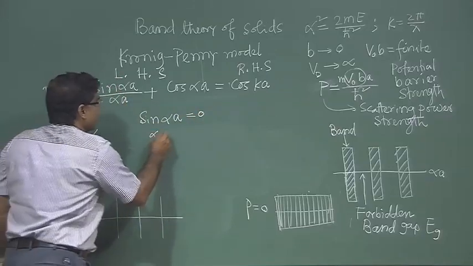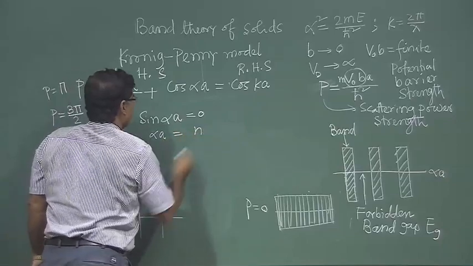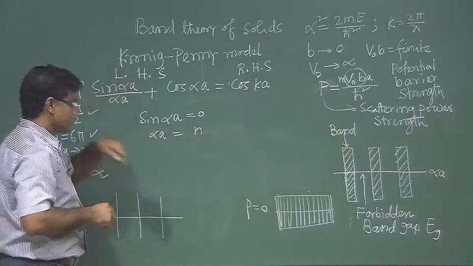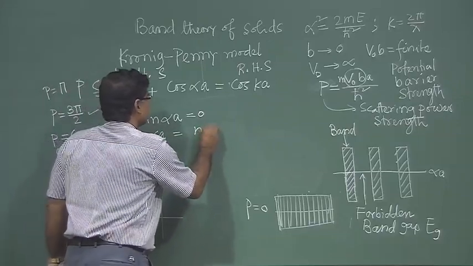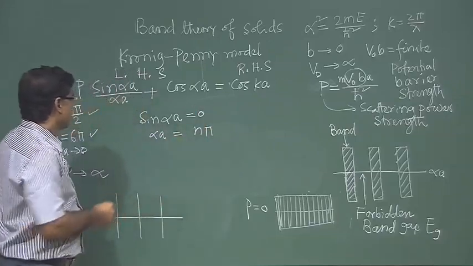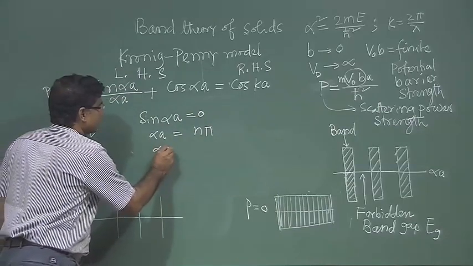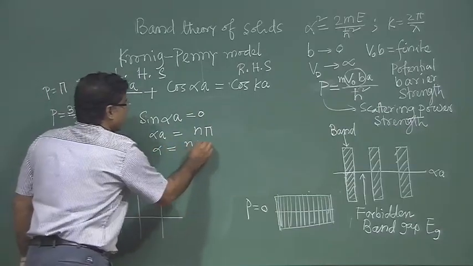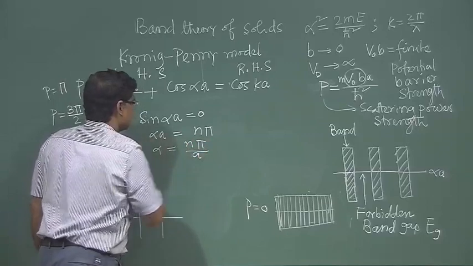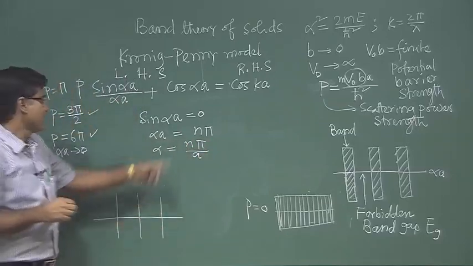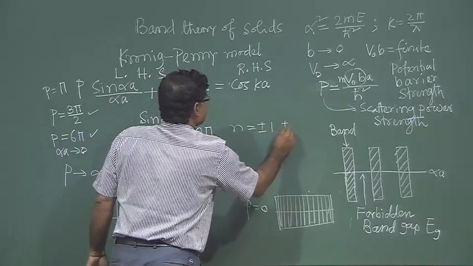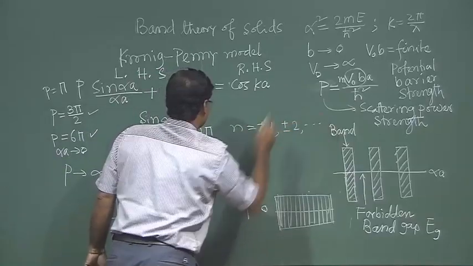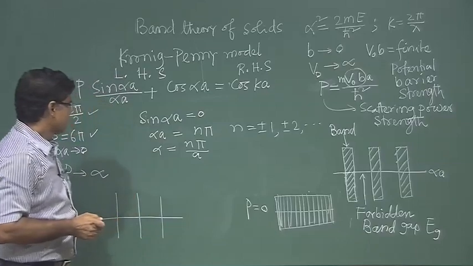That means alpha a equal to n pi, so alpha equal to n pi by a, n equal to plus minus 1, plus minus 2, etc. Okay.